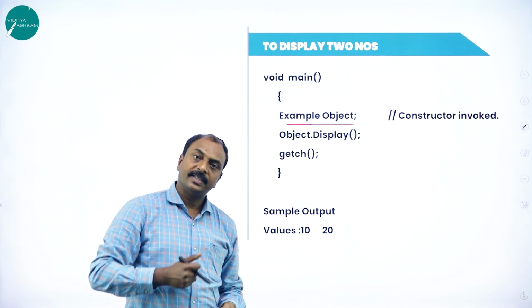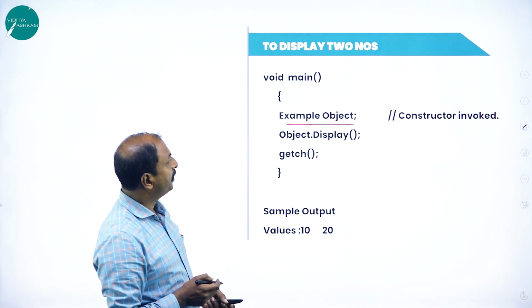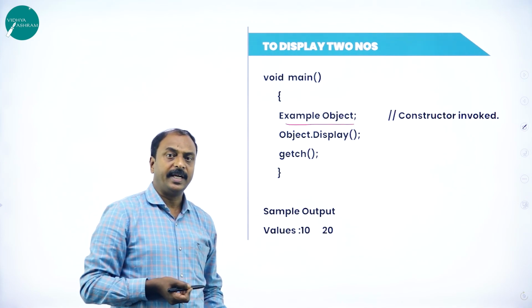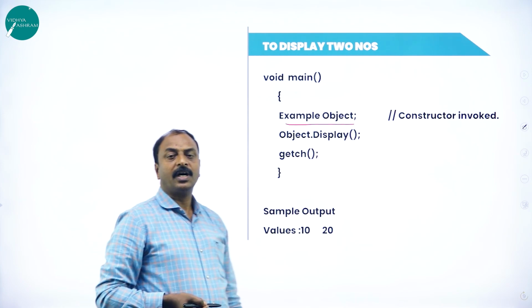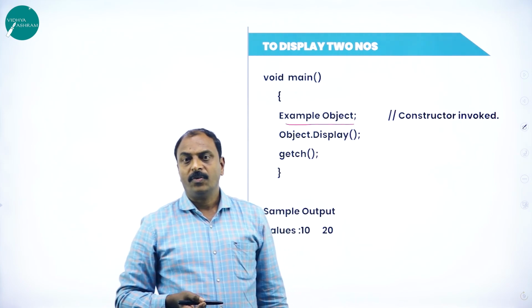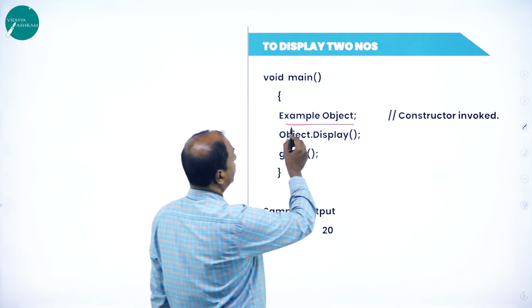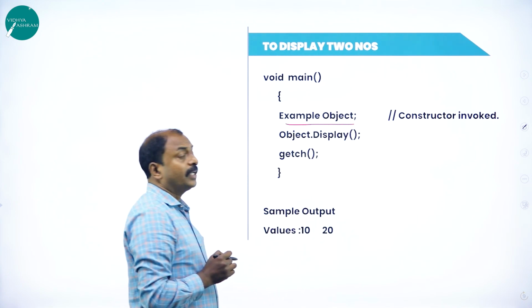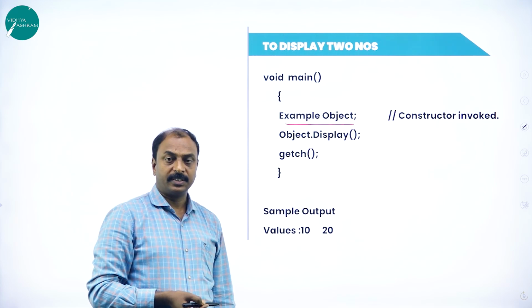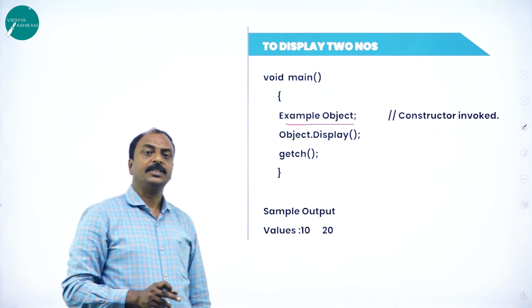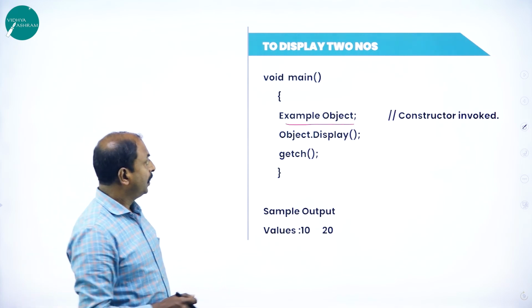Now we have to access the data members, and already we have learned in our previous slides that constructors are automatically invoked when the objects are created. As soon as the object of the class is created, it calls the constructor automatically.